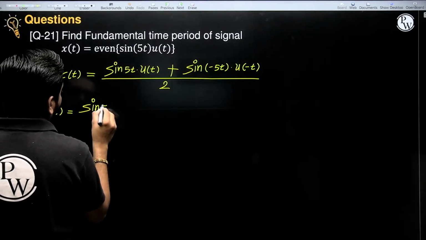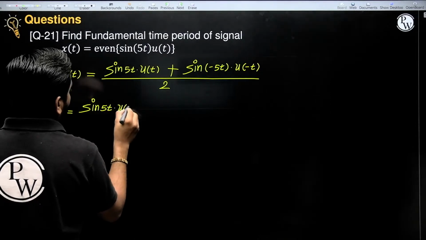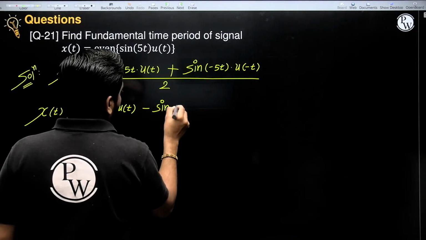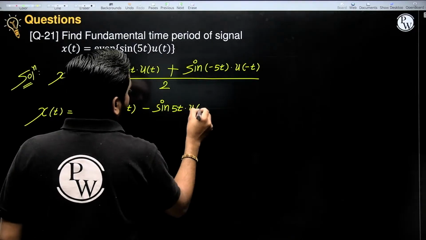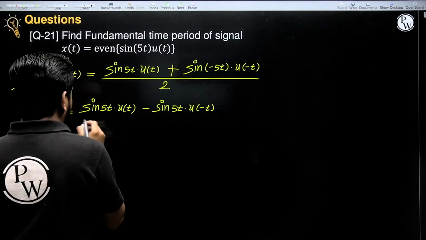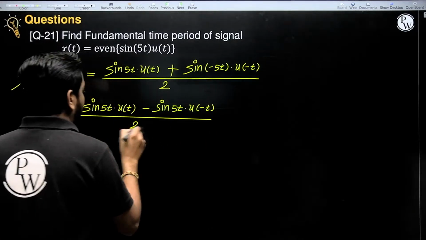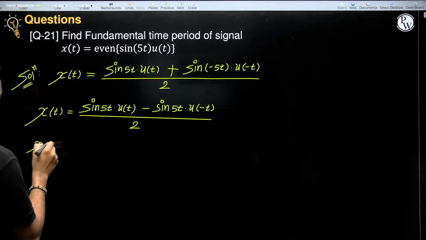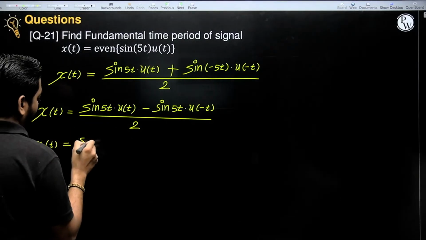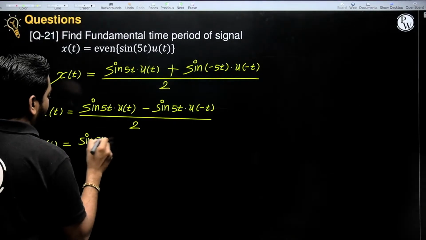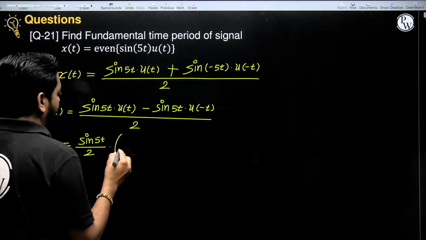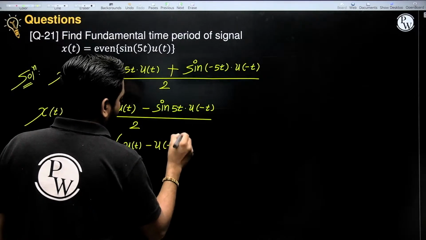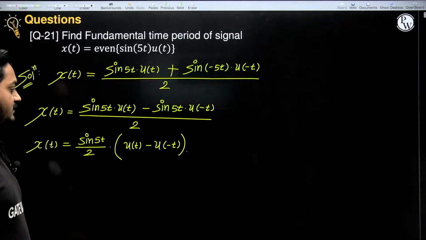Sine 5t of t minus sine 5t of minus t, divided by 2. Again sine 5t by 2 is common, bracket u of t minus u of minus t. This is nothing but again the signum function.